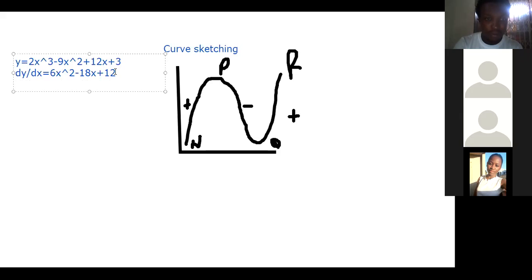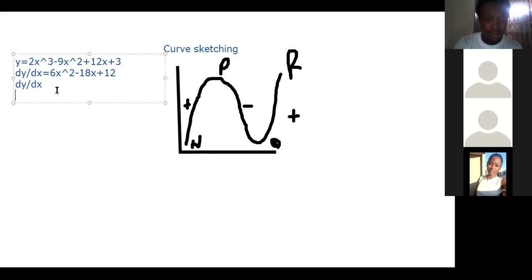So the question says that when dy/dx is greater than 0, that means the curve is increasing. And so let's equate dy/dx being greater than 0. So we are going to get something like this.